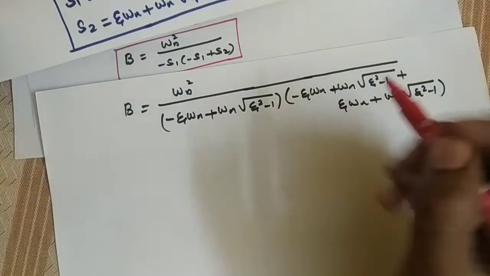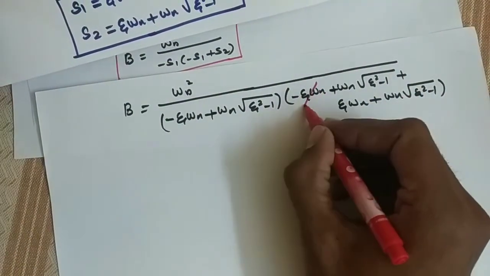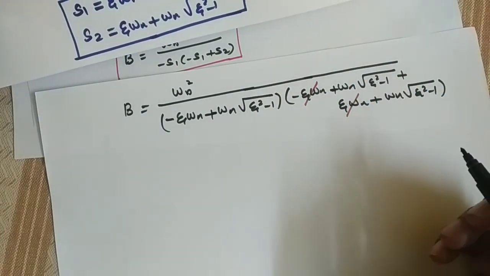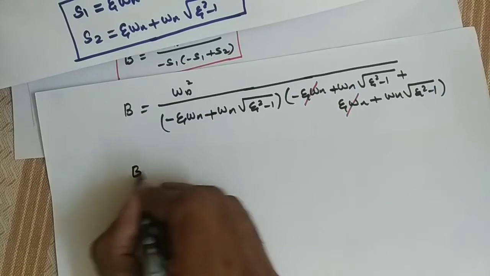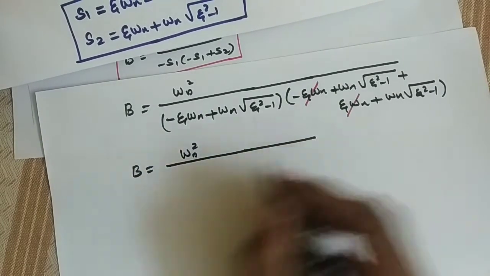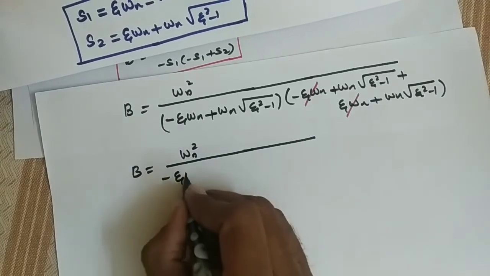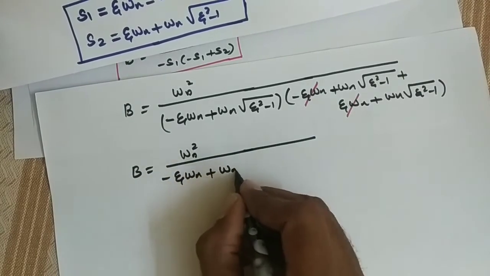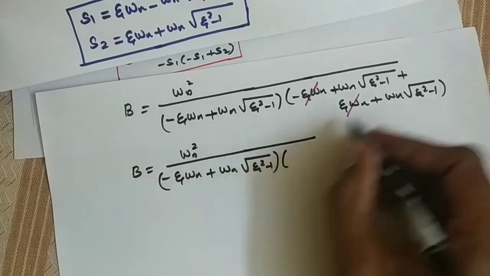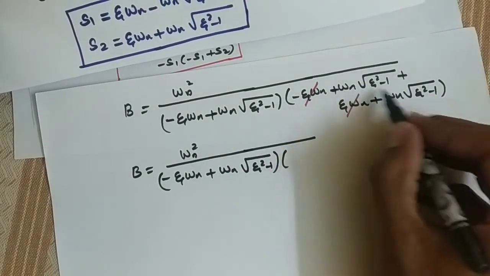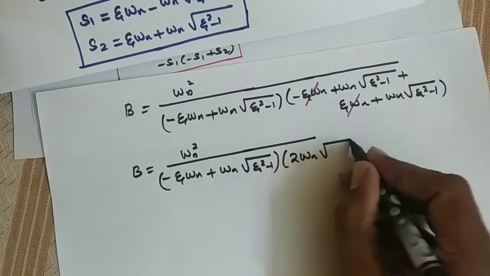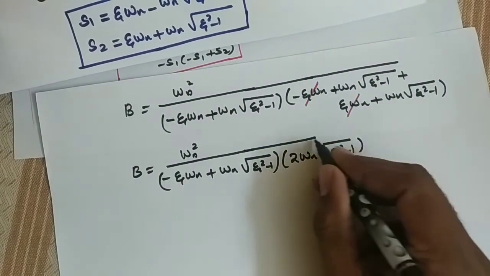Now minus eta omega n plus eta omega n get cancelled. So what is the remaining term we are getting? Omega n square divided by minus eta omega n plus omega n root of eta square minus 1 plus the same term, so a plus a is 2a, so 2 omega n root of eta square minus 1.